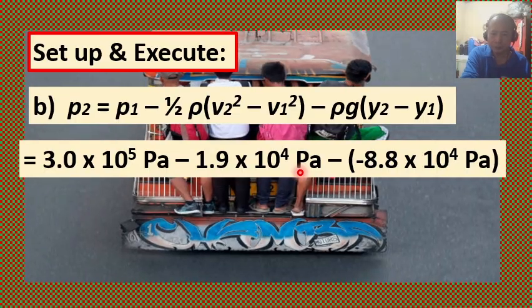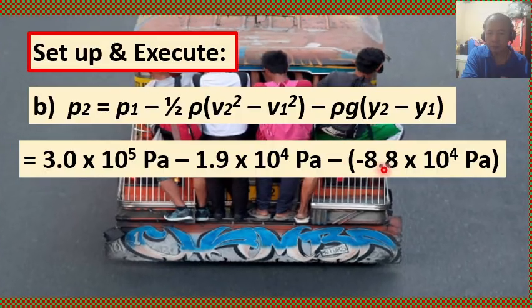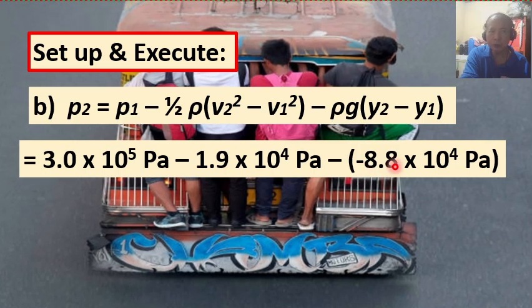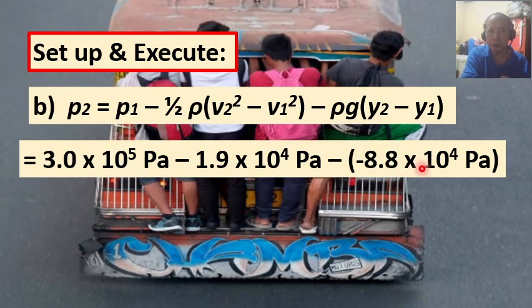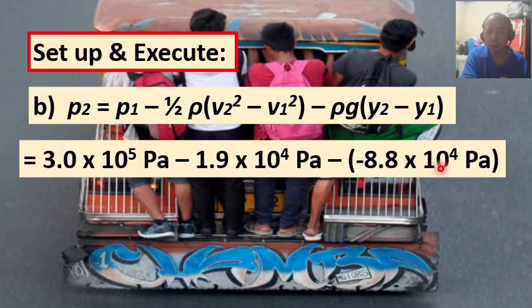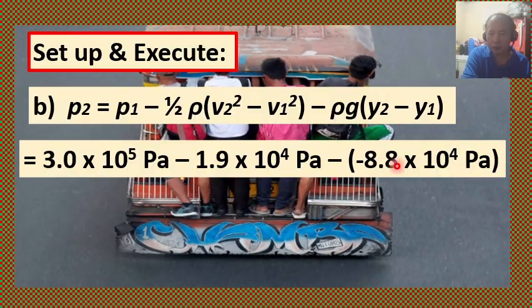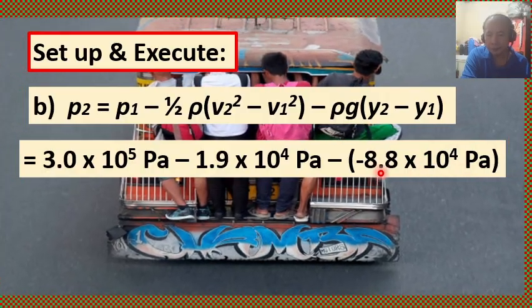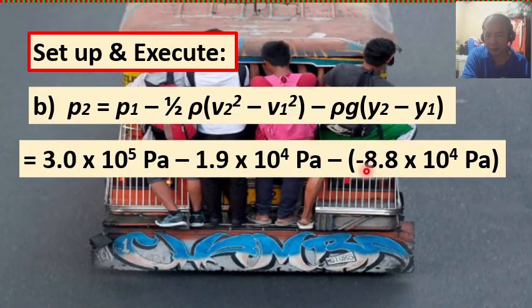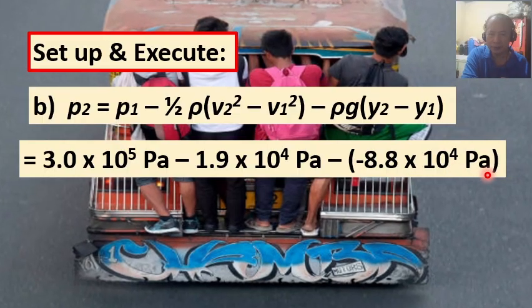And then minus the pressure associated to the change in the gravitational potential energy per unit volume of water, which we also calculated earlier, the one with the negative sign, negative 8.8 times 10 to the 4th power Pascal.